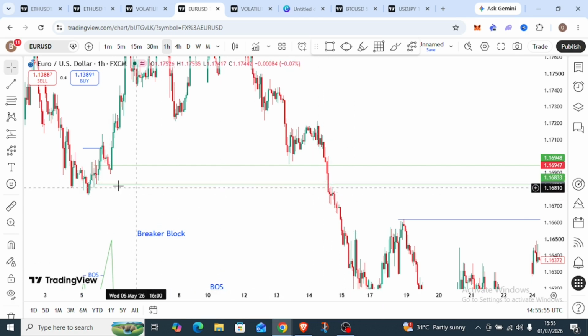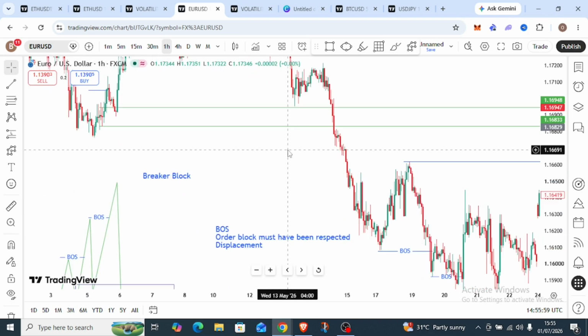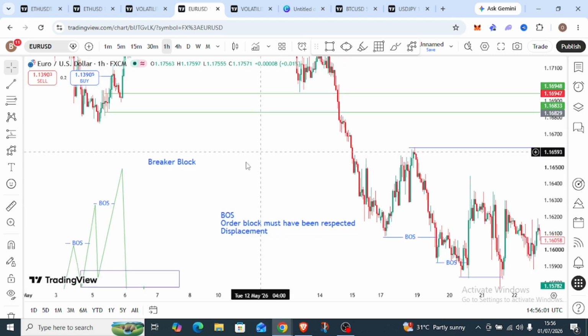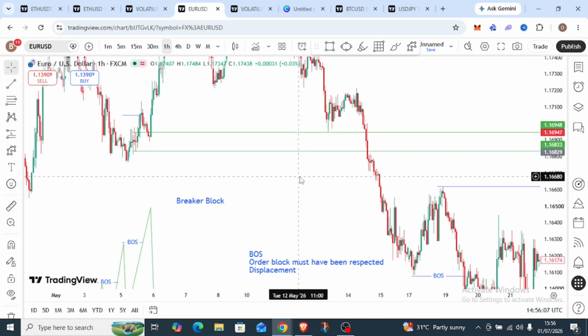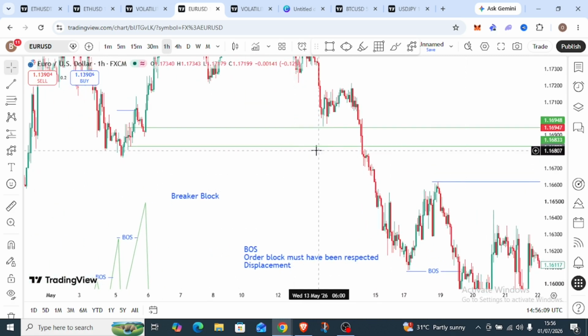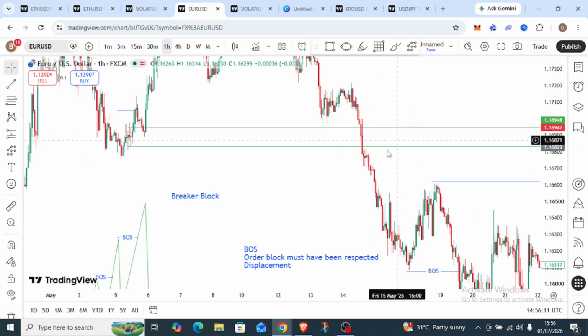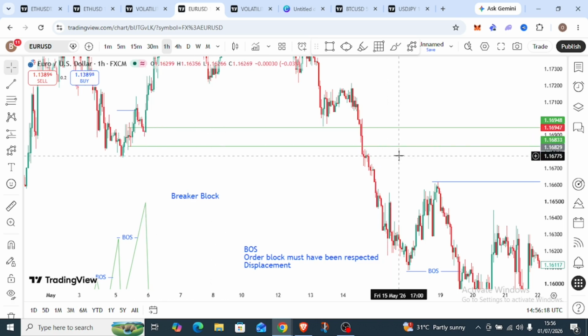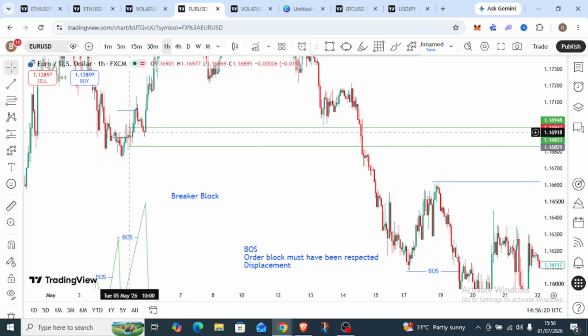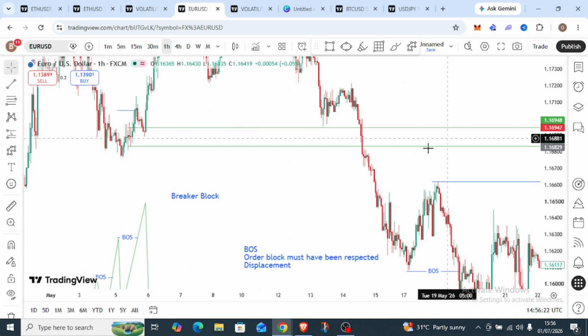And now look at this and take this as breaker block because it met these our conditions here. So anytime price comes back to mitigate here, we will short this market. So this place now becomes our resistance level. It was formerly our demand level, and now it is a resistance level.